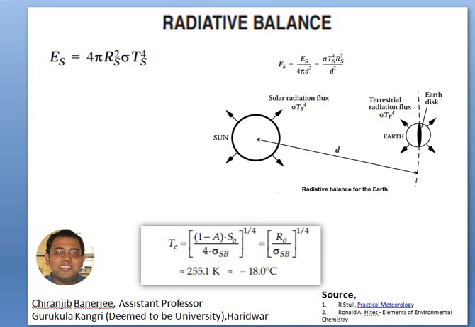Whatever energy we receive from the sun is absorbed, and then definitely radiated out. So in order to get the actual balance, you first need to understand the radiative forcing, and how much energy is being received from the sun.